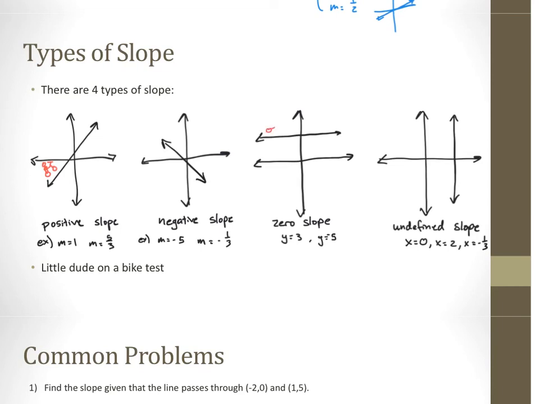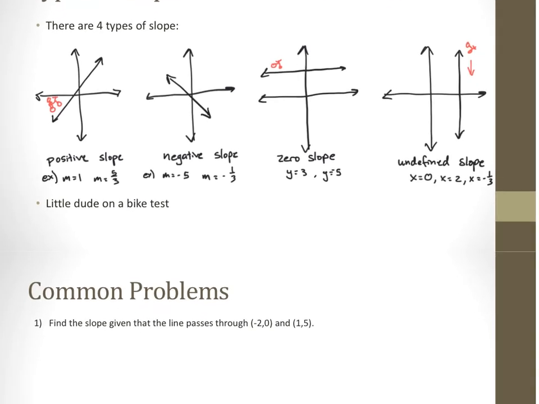This dude's just chilling on an empty street, it is a 0 slope. He's just going down the street. If this guy is falling off a cliff, because there's nothing else, he's dying, then it's an undefined slope, because our little dude is now dead. So whenever you want to know if you have a positive, negative, 0, or undefined slope, remember, little dude on a bike.